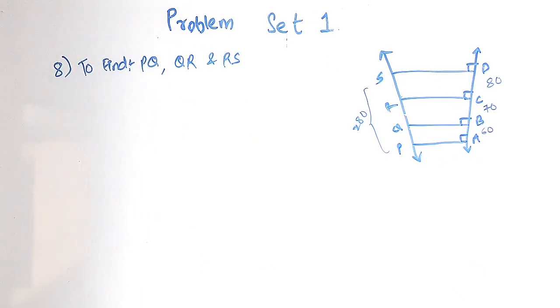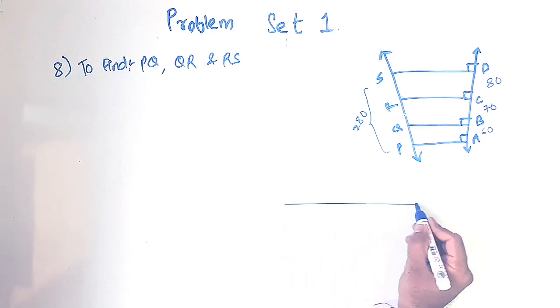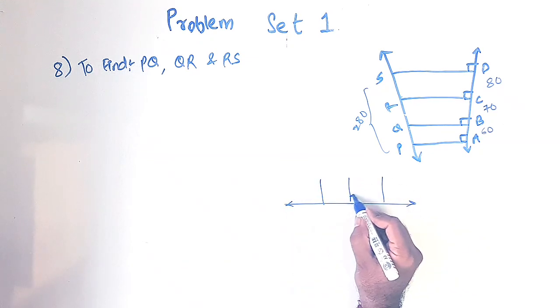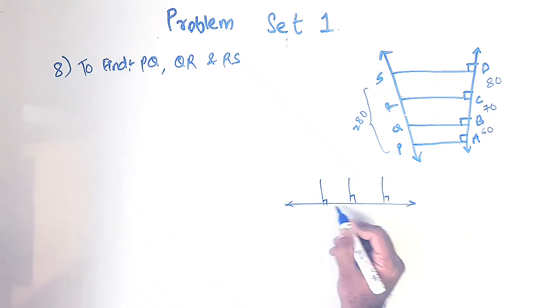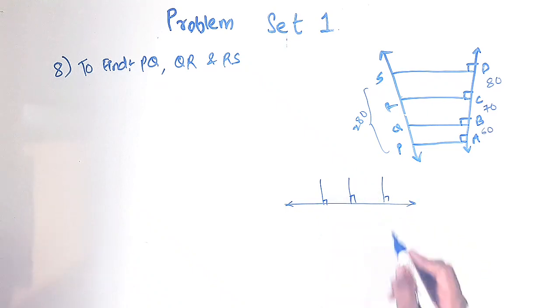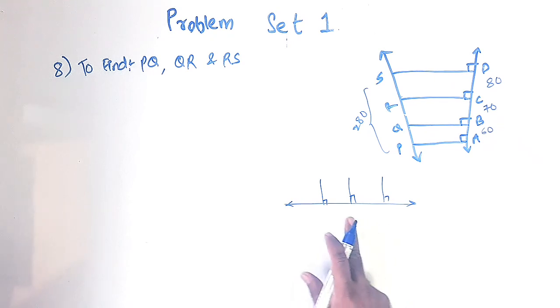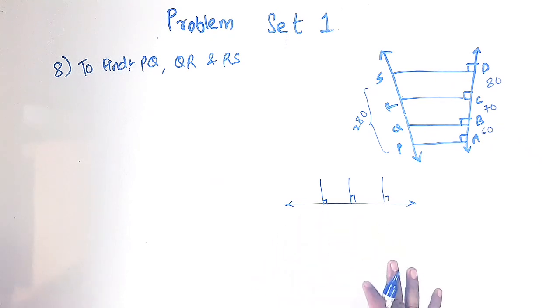So we are here on sum number 8, and before we start sum number 8, we will see that if a perpendicular is drawn on the same line, here I have drawn 3 perpendiculars on the same line, then all these 3 will be parallel to each other.